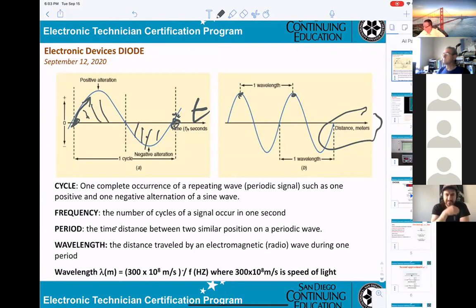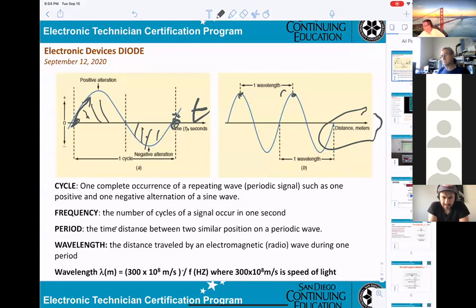That means this signal is transmitted over the air, and the distance it occupies in the air. The wavelength lambda in meters equals 300 times 10 to the power of 8 meters per second divided by the frequency in hertz.